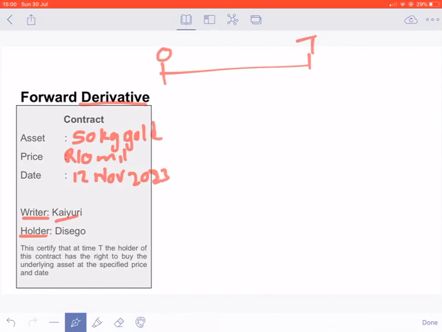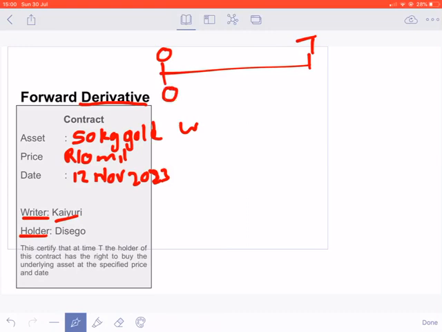So from the side of Kayuri, let's say that she's the writer. Let's look at the present time. Here is where we agree, and in the future is where we are going to transact, or exchange. The seller is going to give Kayuri 10 million rand, and Kayuri is going to give the seller 50 kgs of gold.